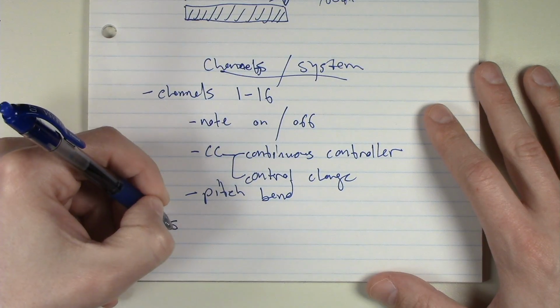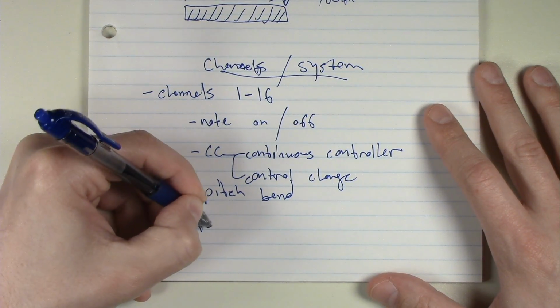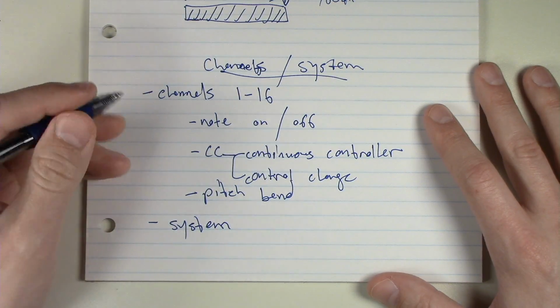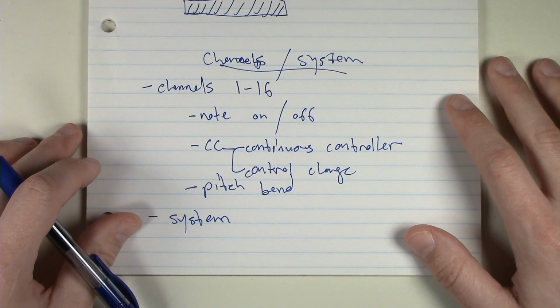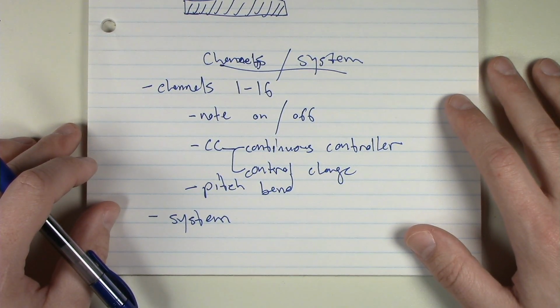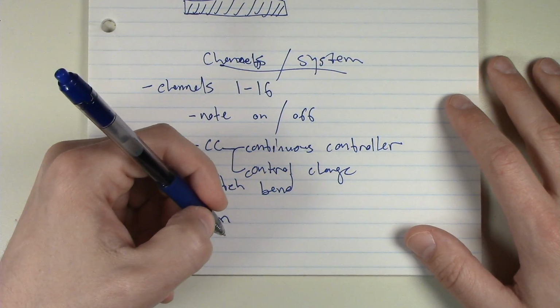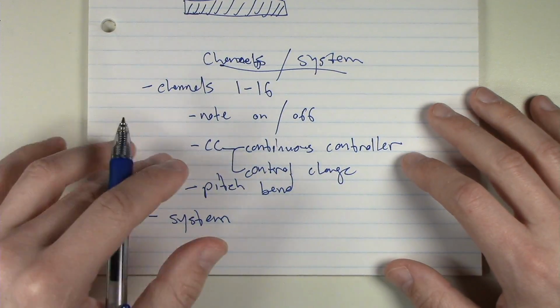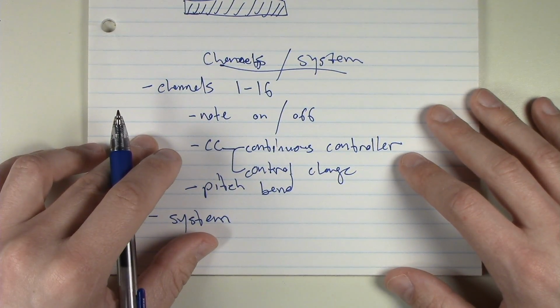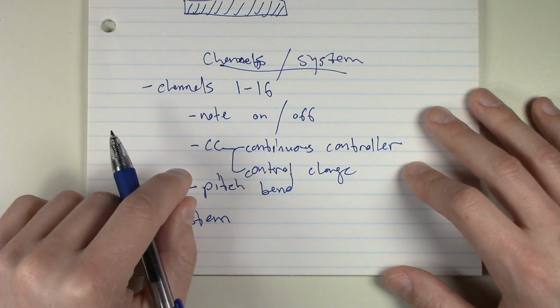System messages are a little bit different. As the name implies, they cover things that affect the whole system. Things like active sensing, that's one that's not really used by the end user, but it's used by systems to detect that things are plugged in and things like that. Some devices send a pulse, like a heartbeat.